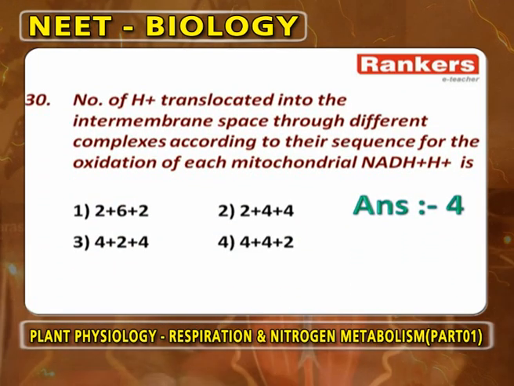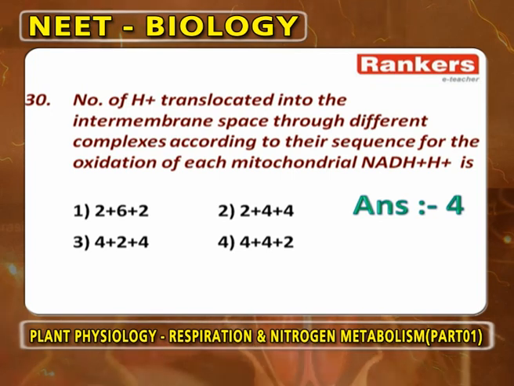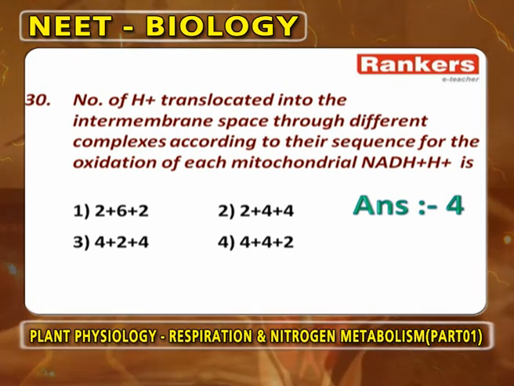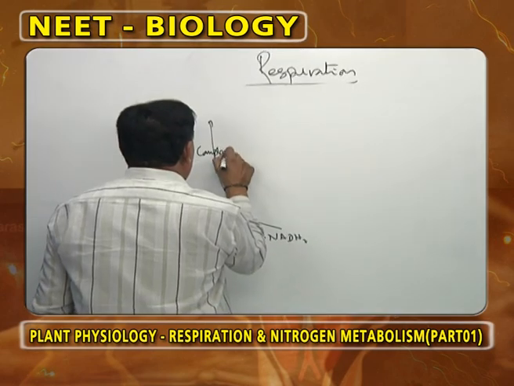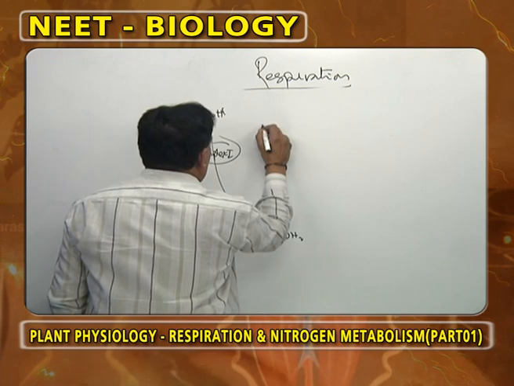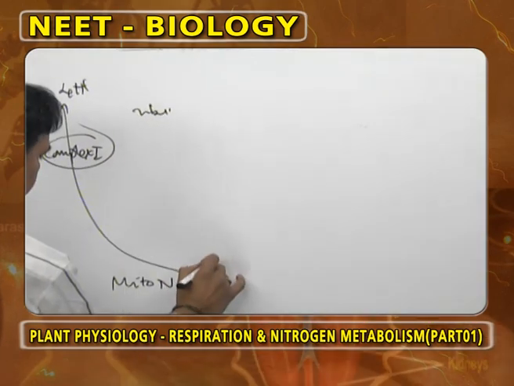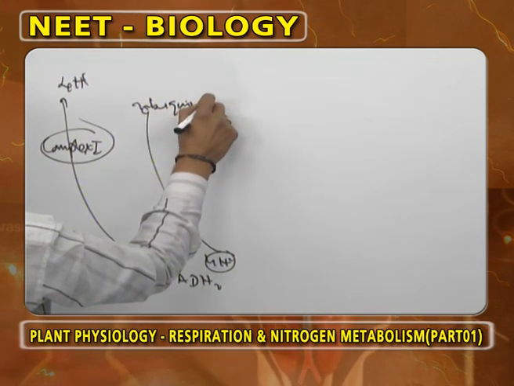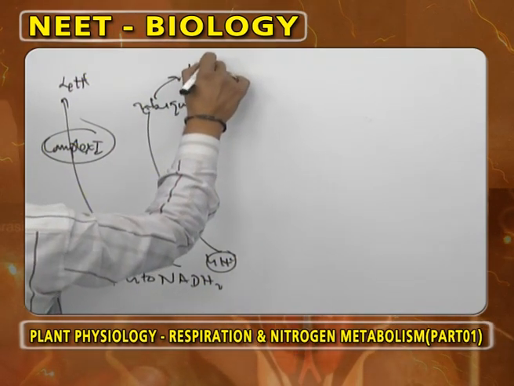Number of hydrogen ions translocated into the intermembrane space through different complexes, according to their sequence, for the oxidation of each mitochondrial NADH2. Whenever mitochondrial NADH2 is involved, first it passes through complex 1. Whenever it passes through complex 1, 4 protons are located here. Then ubiquinone takes 4 protons from here and stores them here.